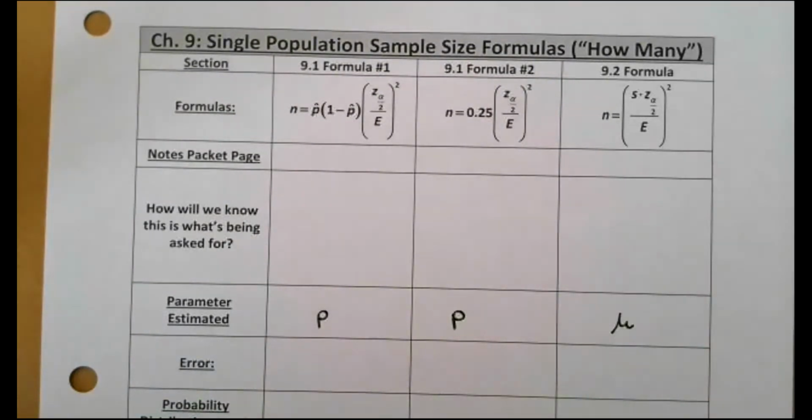Or would you rather look at some more MyStatLab questions? Is there any specific StatLab question you want me to look at, or should I just grab a random one? Just something from chapter 9.